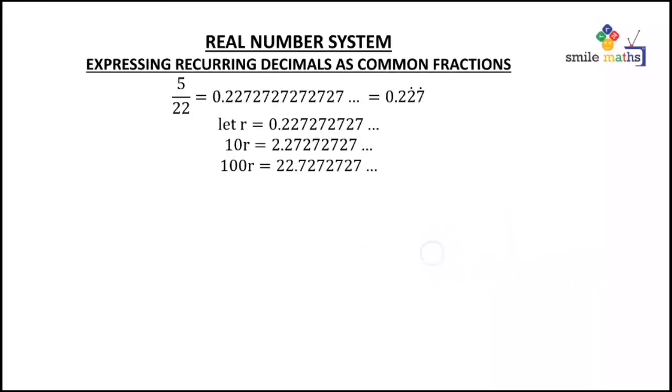So what it means is that we are going to multiply r by 100 now. When we multiply r by 100, we are going to have 22.727272, which is not the actual recurring. Our recurring should be 2727.